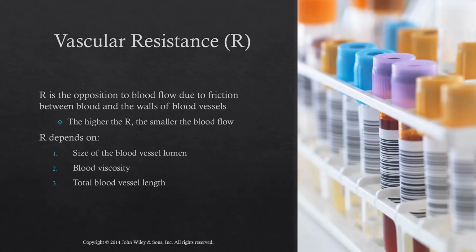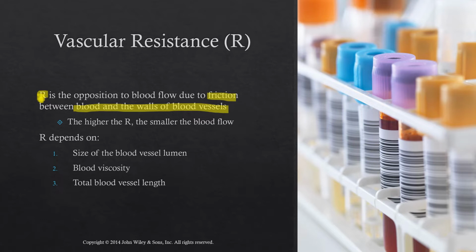Okay, so let's talk about resistance. So vascular resistance, or just R as it's abbreviated in equations, this is the opposition to blood flow due to the friction between blood and blood vessel walls. So just the action of blood flowing through blood vessels and pushing against those walls causes some friction and causes resistance.